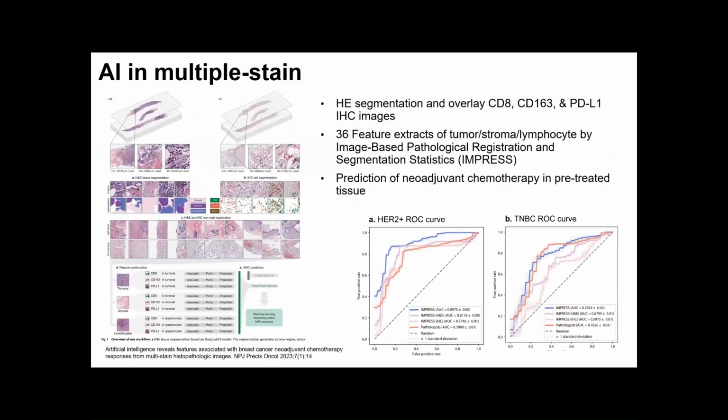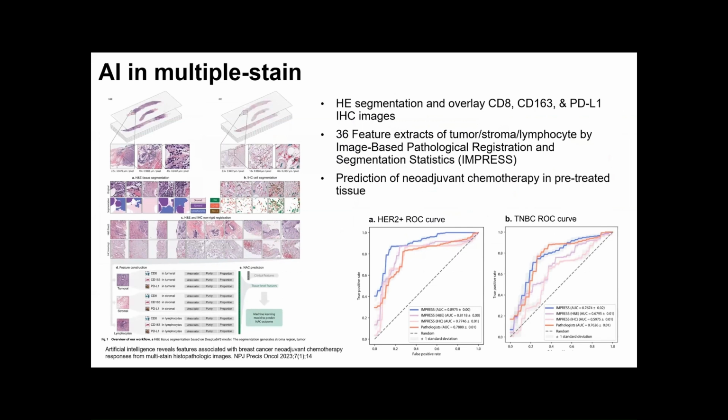Another example using multiple stained serial slides is research that automated H&E segmentation into tumor, stroma, and lymphocyte, and quantification of specific immune markers predicted neoadjuvant chemo response in pretreated breast core tissue.